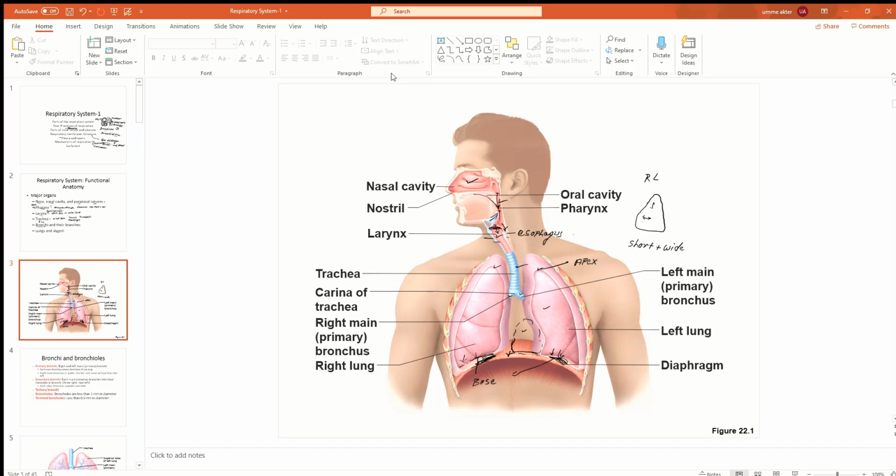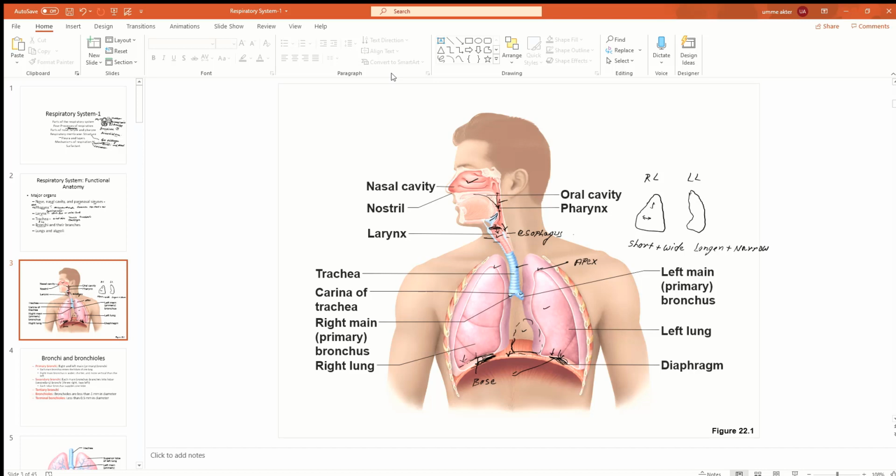The left lung is relatively long and narrow. So this is the left lung, which is opposite, slightly longer and narrow than the right. Okay, so that is one difference.